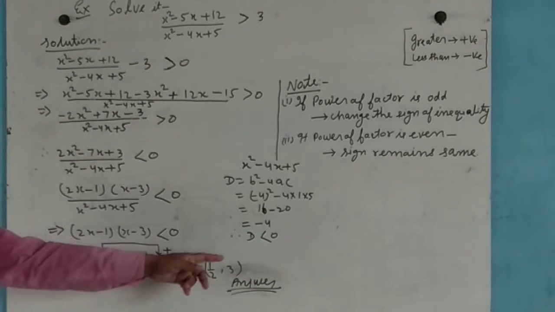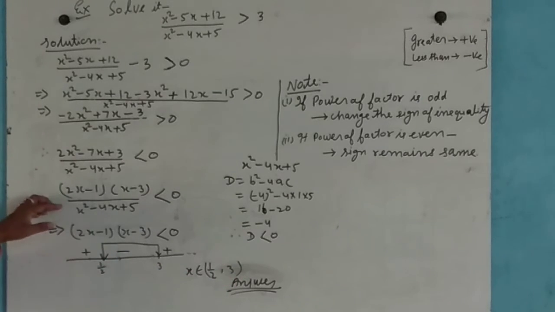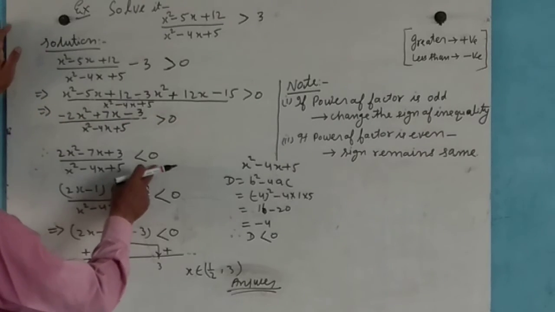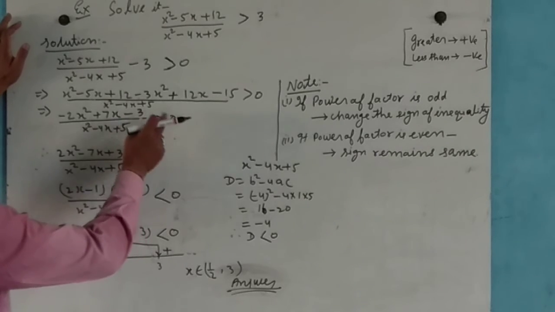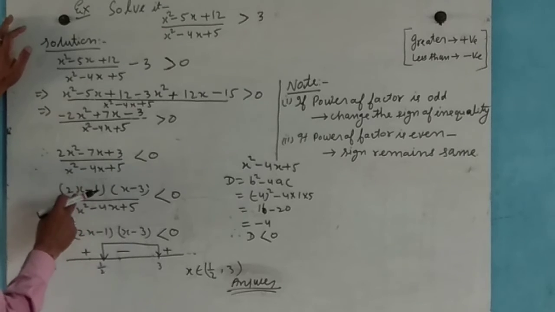D less than 0 means D is negative, so the denominator is always positive, and the numerator becomes 2x square minus 7x plus 3 less than 0.